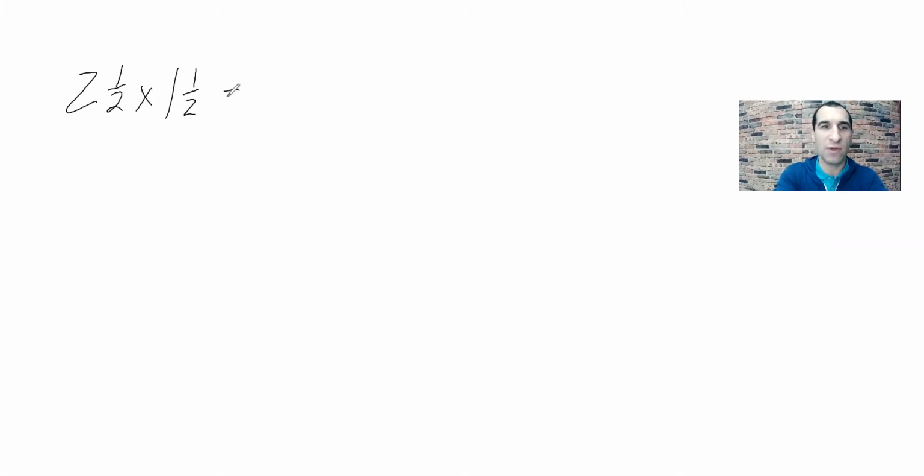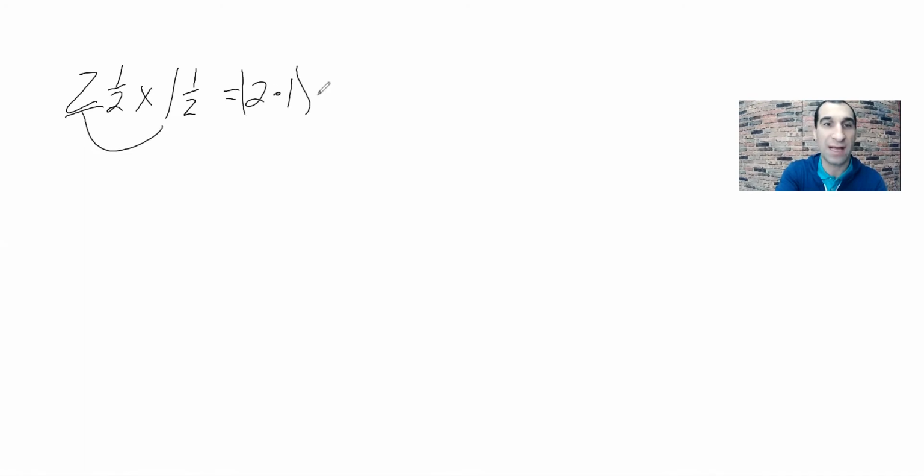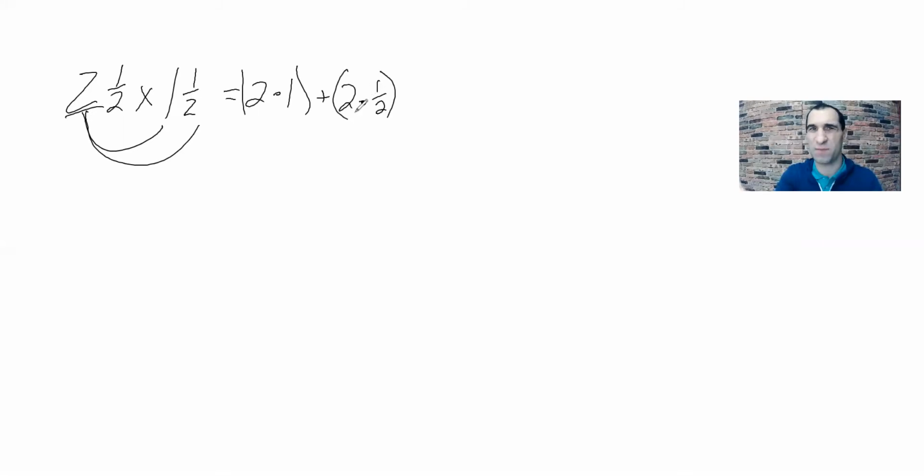So one way that you can do this is you can take your mixed number. If we break up our mixed numbers here, we can basically say this is going to be 2 times 1 plus 2 times 1/2. So this is just the distributive model of multiplication.